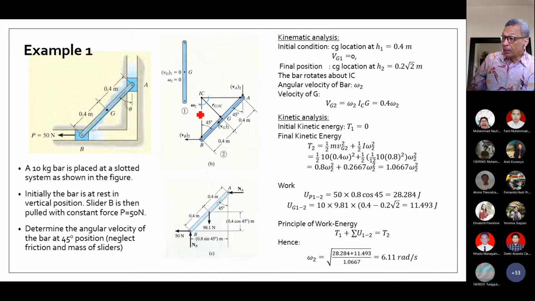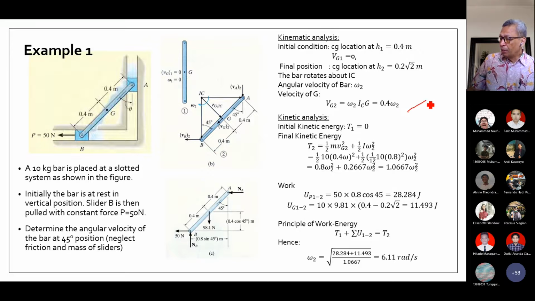Once we know the omega of this rigid bar about this IC, we can find the velocity of the center of mass by multiplying omega with this distance. And this distance is again very simple for this condition, because from IC to G equals the distance from G to B. So we can find Vg2 is omega 2 multiplied with the distance, which is 0.4 omega 2.